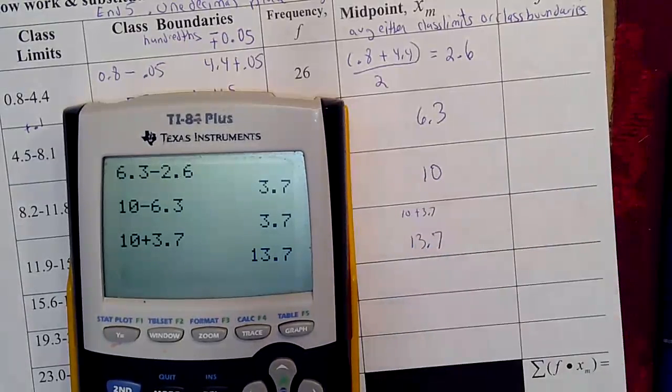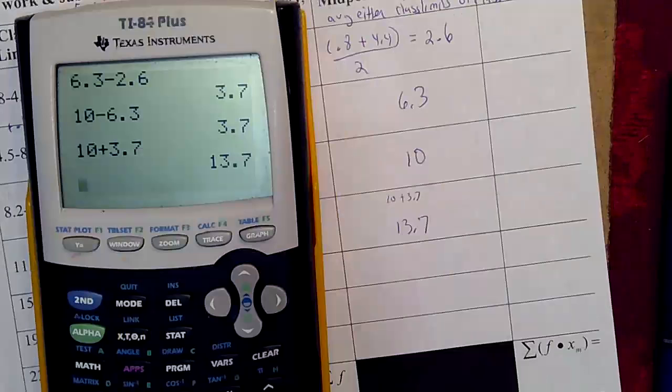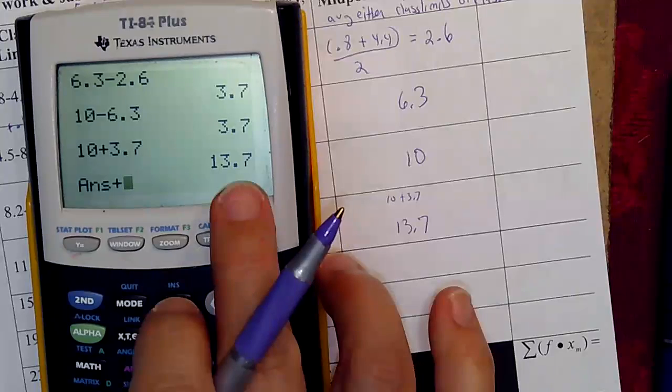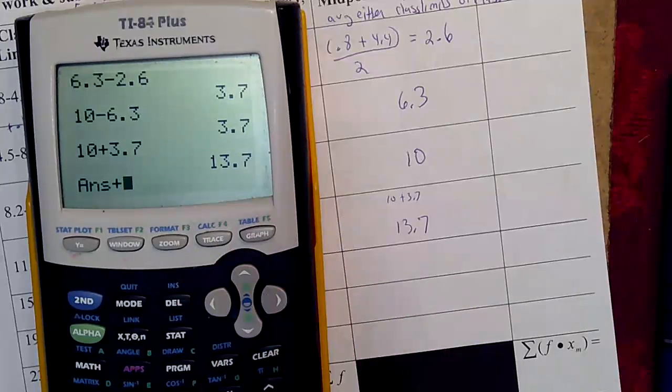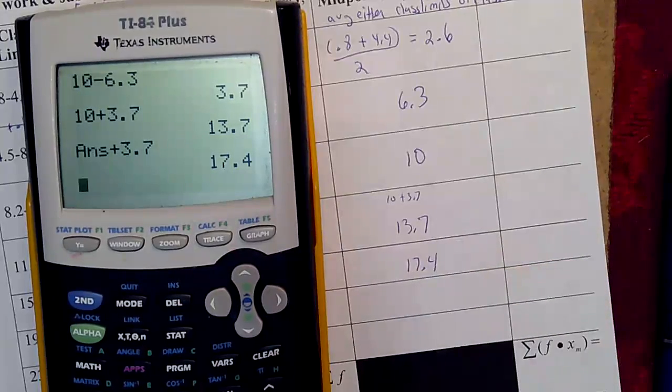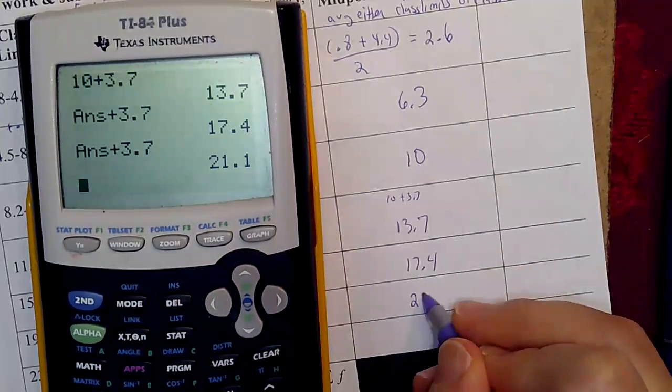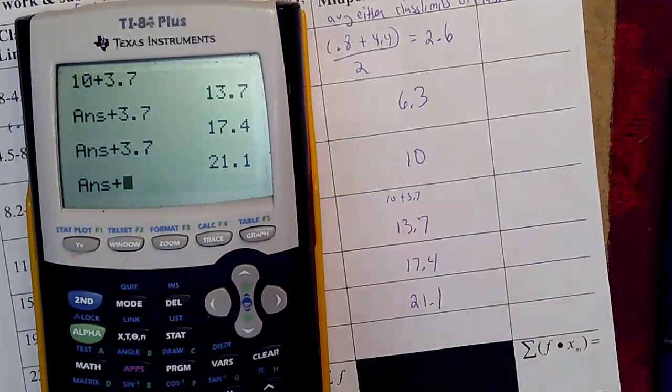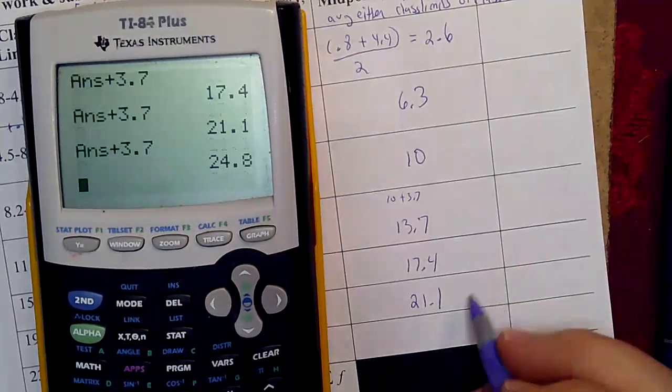And then here you just hit plus. That takes that answer plus 3.7. And then just hit plus, and then 3.7. If you think that's faster, you can do that. And then plus 3.7. So it does have that pattern.